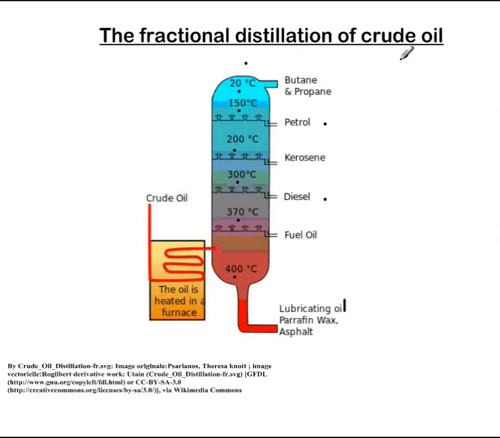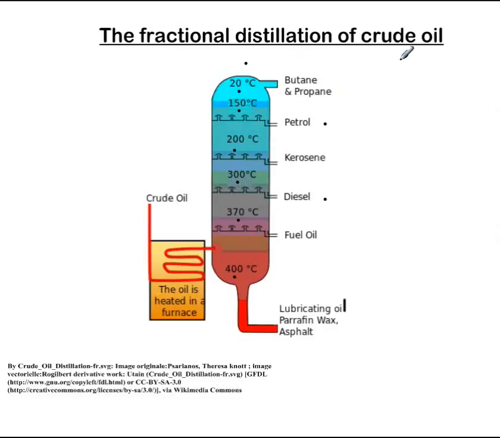Crude oil cannot be used on its own because it's a mixture of different hydrocarbons that have varying chain lengths. So what we have to do is have a distillation tower and a cooling tower basically that has different temperatures.